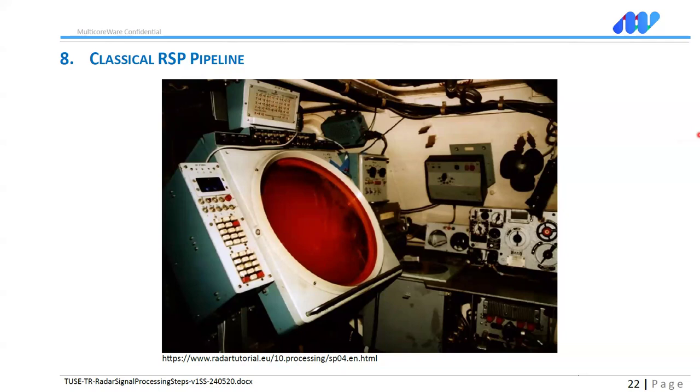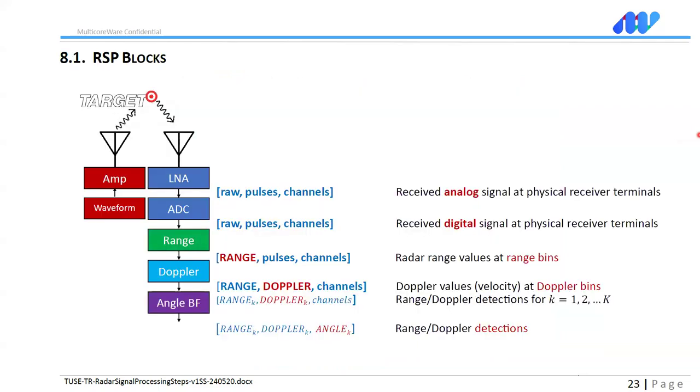So coming back to today's radars, they're small, very high tech, and much of the processing is done in the digital domain. Even though the idea is the same, the implementation and the electronics have totally changed. Here we see the basic block diagram of the pipeline.